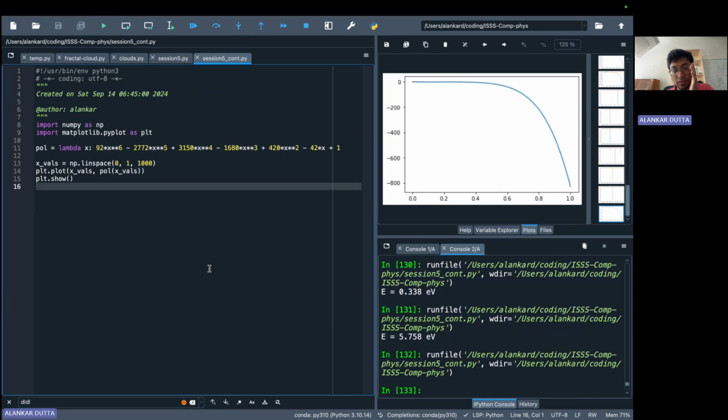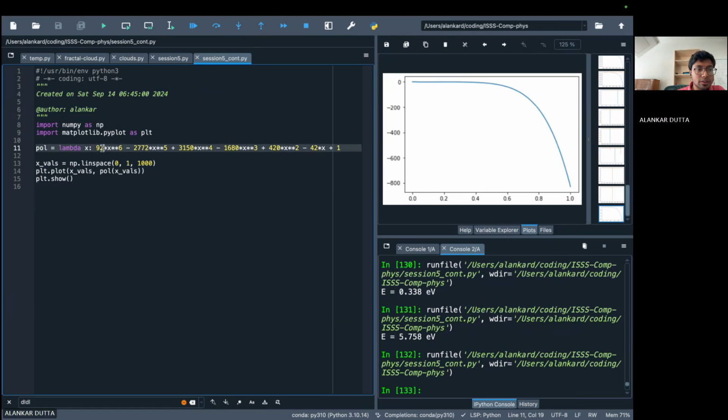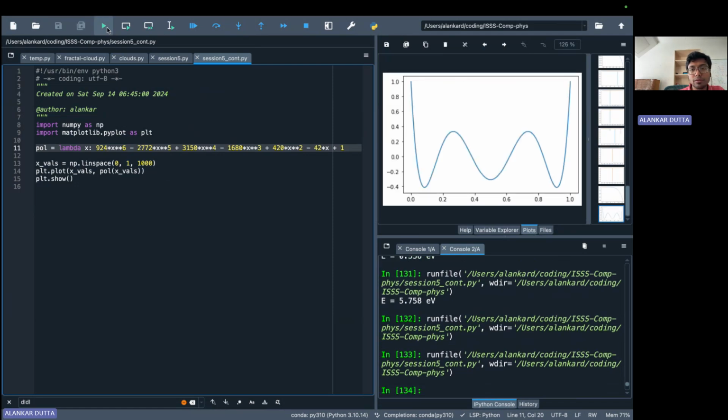And you see the polynomial that is in here. There must be some roots that we can get from this polynomial. Let's see. There is a 924, which I missed in here, x cubed minus 2772 x to the power 5 plus 3150. Okay. So here it is.